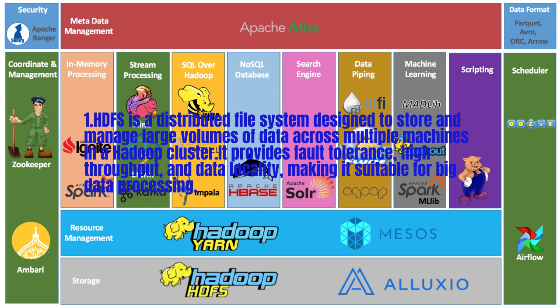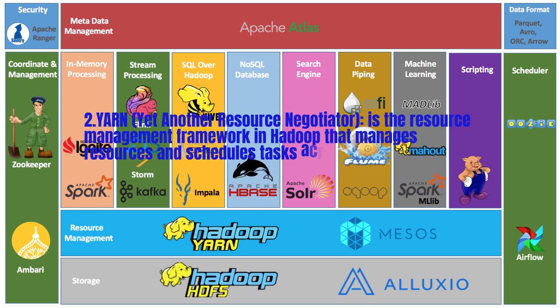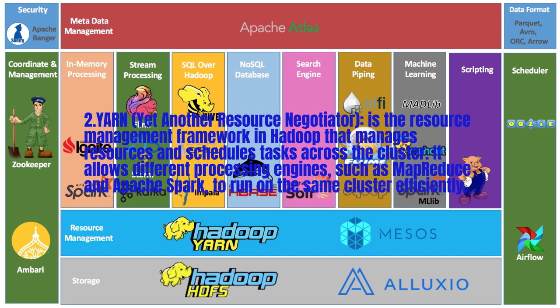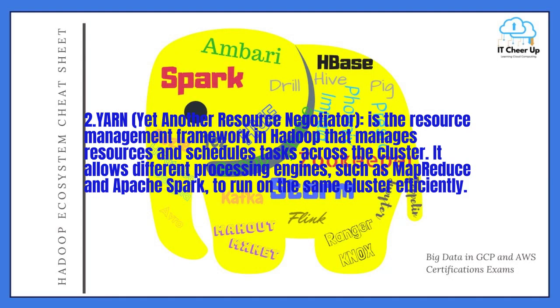Yarn means Yet Another Resource Negotiator. Yarn is the resource management framework in Hadoop that manages resources and schedules tasks across the cluster. It allows different processing engines such as MapReduce and Apache Spark to run on the same cluster efficiently.